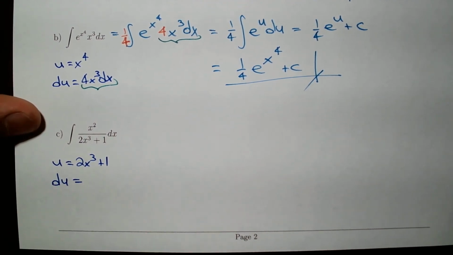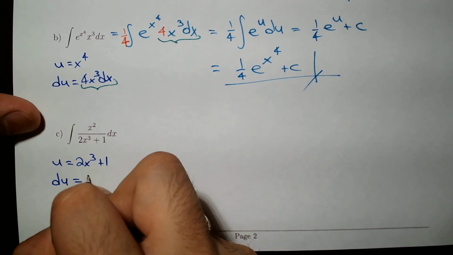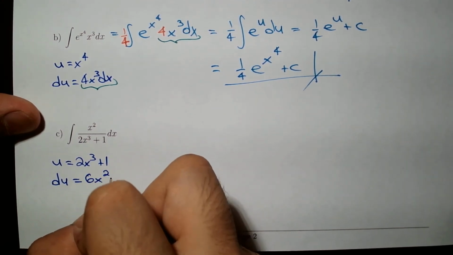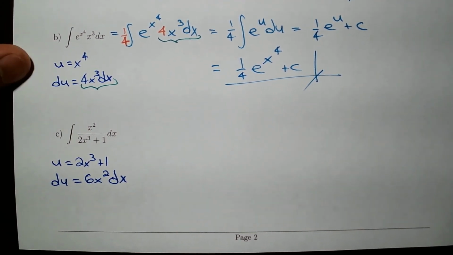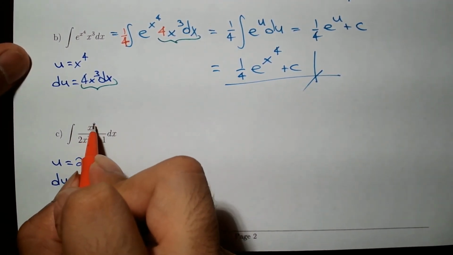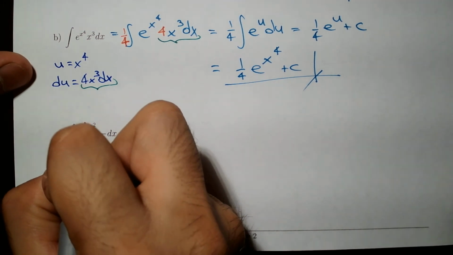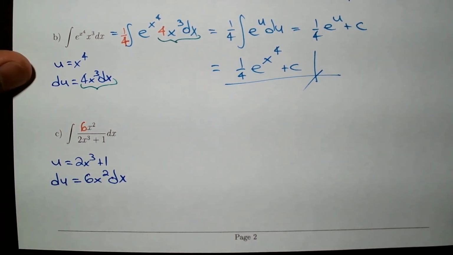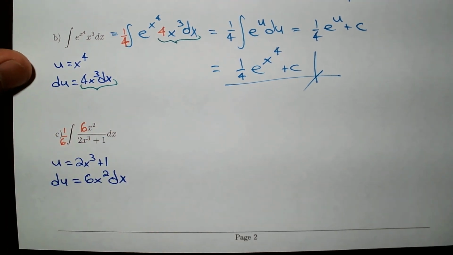The differential of this is going to be 6x squared dx. If you observe the integral very closely, we have x squared dx, x squared dx. What is missing in this case? That is correct, the number 6. We wish we had a 6, so it works provided we divide by 6.